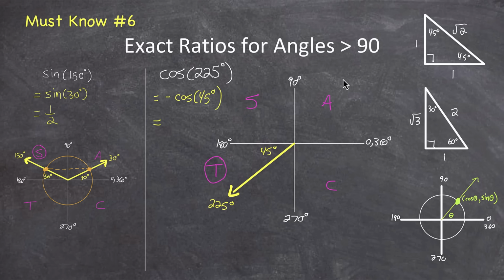And cosine of 45 from your special triangle, you would notice cosine is adjacent over hypotenuse. So I would have negative 1 over root 2, which if I rationalize that would be negative root 2 over 2. That would be the exact value of cosine of 225. There you go. Now you know how to use your special triangles, the unit circle, and the CAST rule to find exact values for trig ratios.